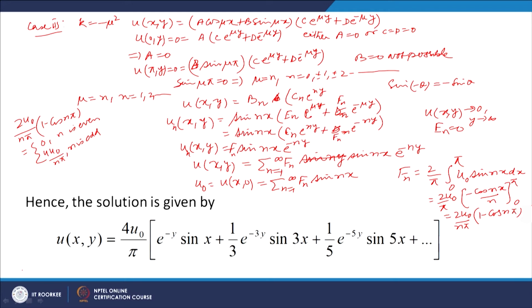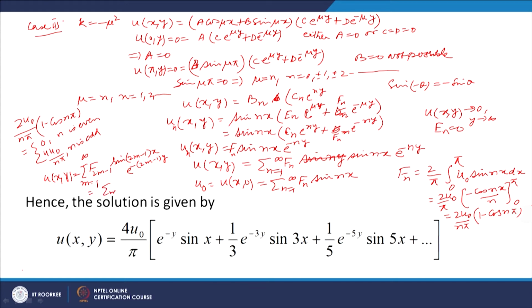equal to the following. When n takes even values f_n is 0, and when n takes odd values f_n becomes 4 u naught over n pi. So, u(x, y) will be equal to, let me write n as 2m minus 1, sigma m equal to 1 to infinity f_(2m-1) sin((2m-1)x) e to the power minus (2m-1)y. And f_(2m-1) is equal to 4 u naught over (2m-1) pi.